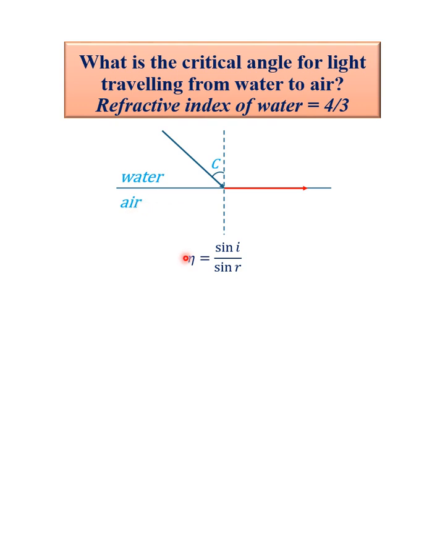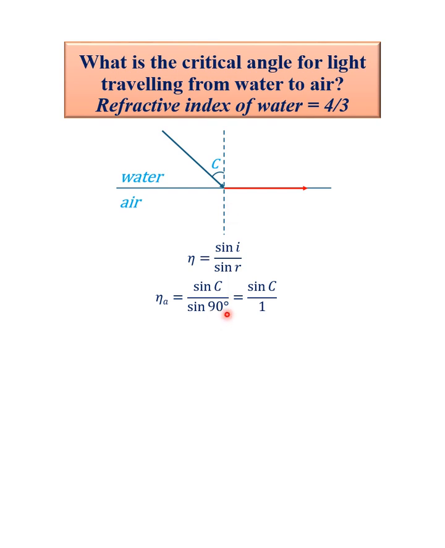So we can say in terms of air that the refractive index of air, I put in a here to represent the refractive index of air, because that is the medium where refraction is taking place, is equal to sine C, because the incidence in this case is the critical angle, sine C, all over sine 90, because the angle of refraction in this case is 90 degrees.